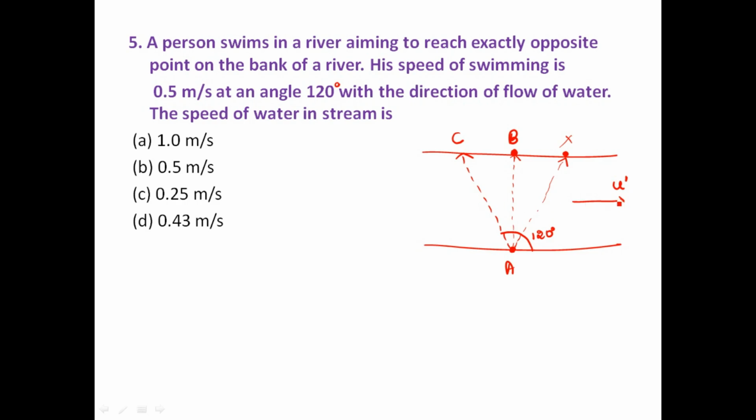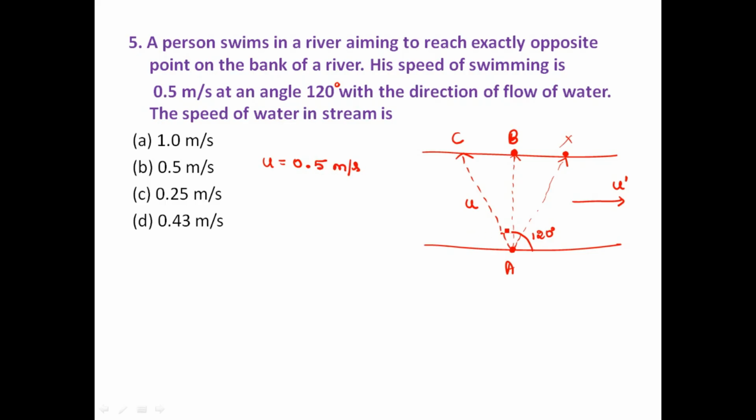Along with the flow of water, he is going to reach B, but he is aiming at C by making an angle of 120 degree. Let us now write the speed at which he is swimming, that is his velocity u. His speed of swimming is u, that is 0.5 meter per second.